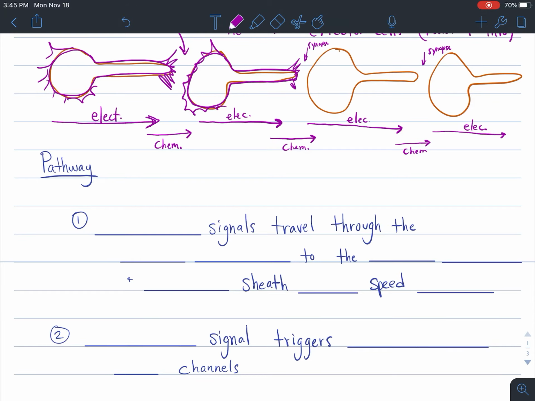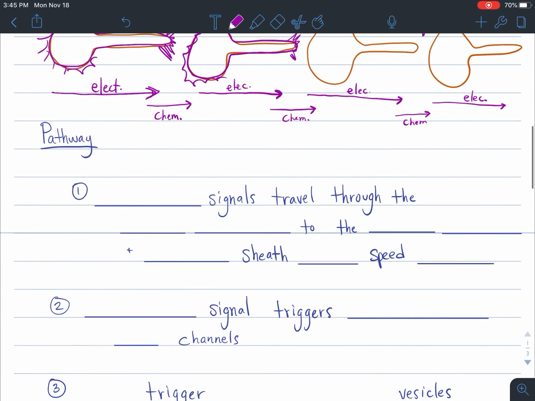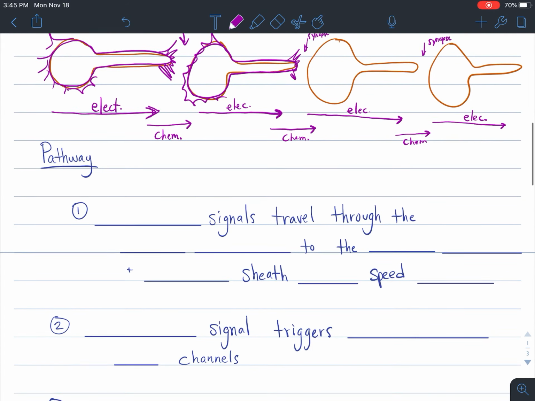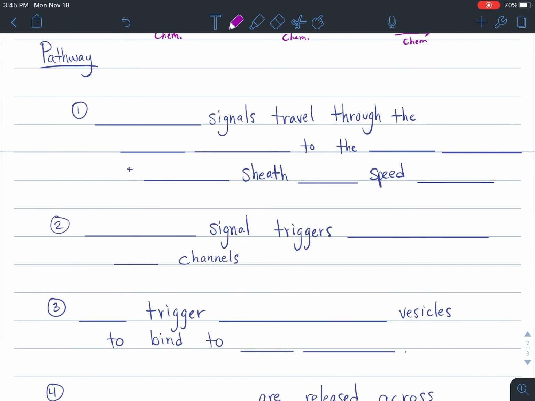That's a good question. I'm glad you asked. There are really five steps in terms of how our electrical signal travels down the neuron and turns into a chemical signal. We call this the pathway, because it's the path that the signal takes from one neuron through a synapse, through that gap, to another neuron.